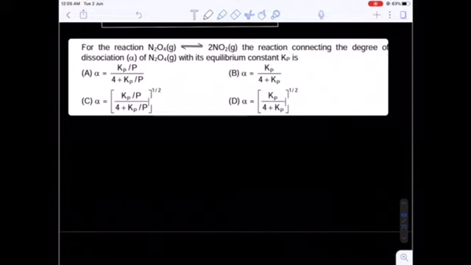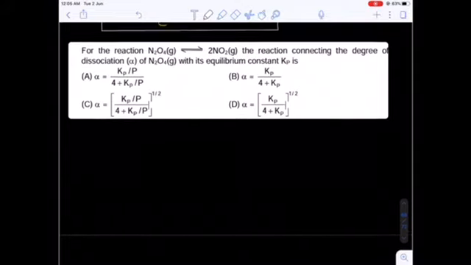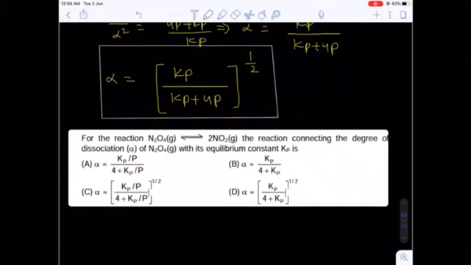What is the alpha value in terms of Kp and P? Just now I derived the relation: alpha is equal to Kp by Kp plus 4p under root.